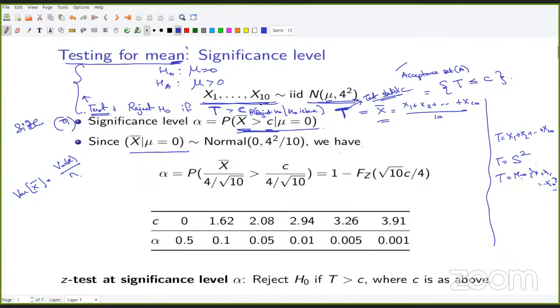Here we have 10 samples, so the variance of x bar will be 4 square by 10. We are given that mu is 0, so it follows normal 0 comma 4 square by 10. Then x bar minus 0 divided by root of 4 square by 10 follows standard normal.